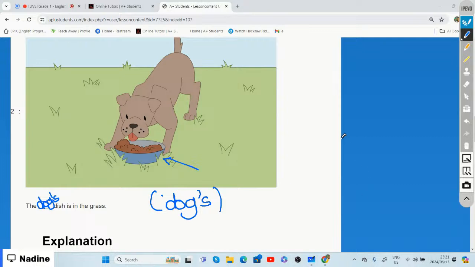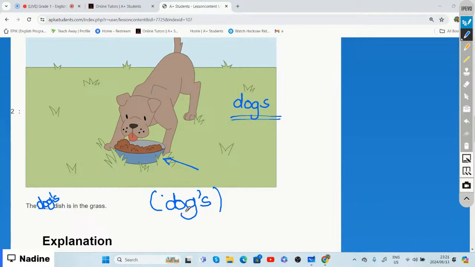Because remember, if you don't put your apostrophe and an S, and you just say, for example, dogs like this, then we will assume that this is more than one dog, right? That will mean that this is more than one dog.